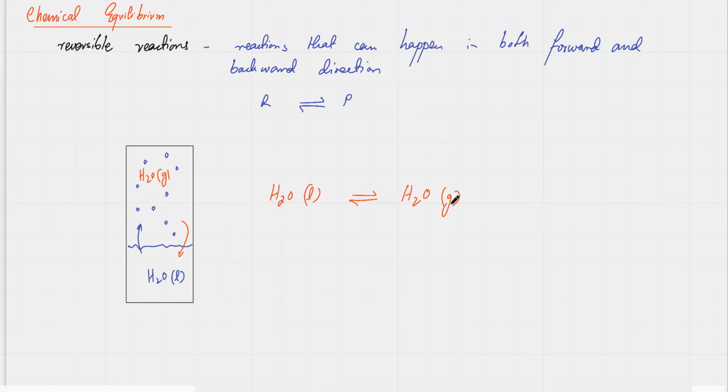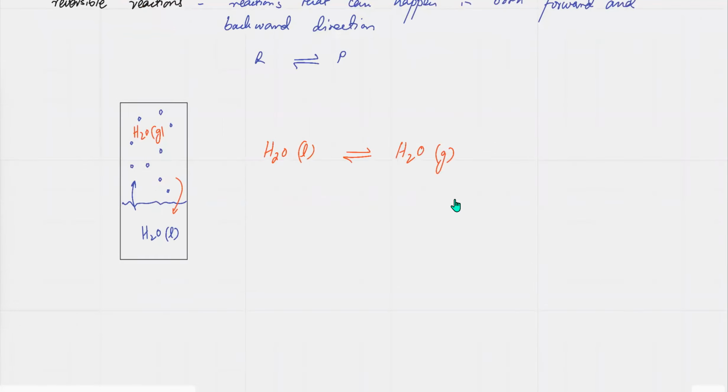Okay, now what is an equilibrium? Whenever you talk about reversible reactions, you talk about something known as dynamic equilibrium. So you must know what the definition is.